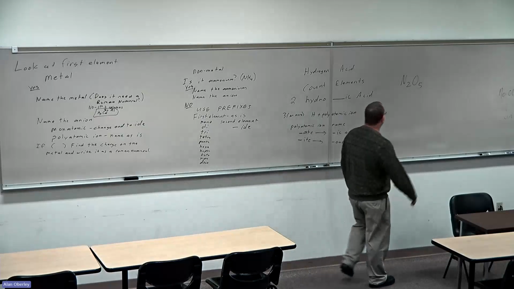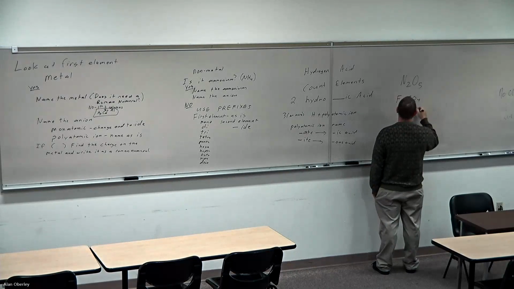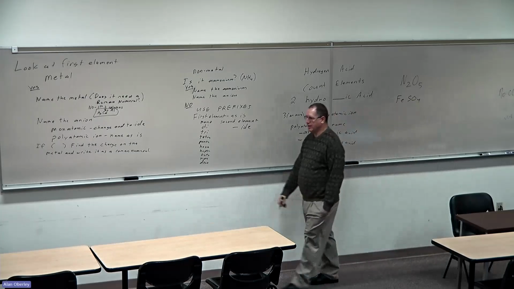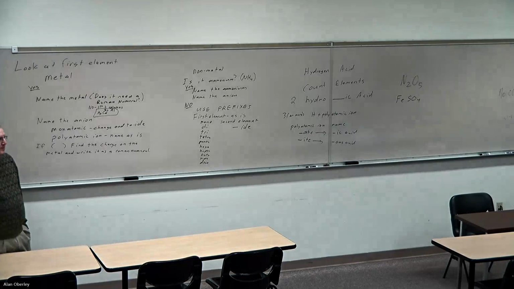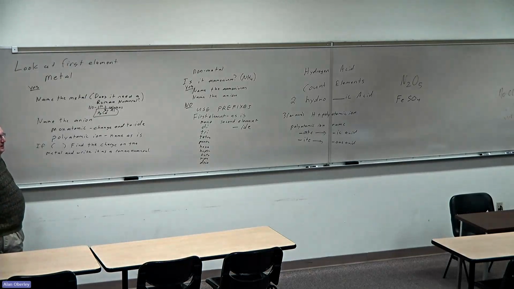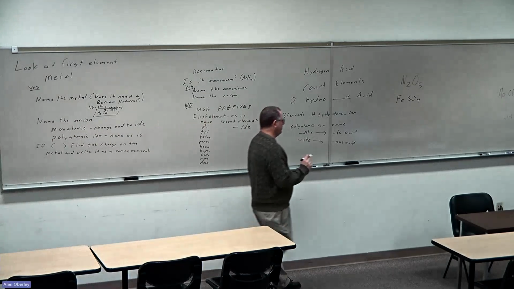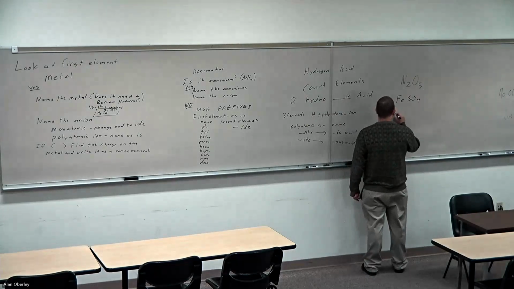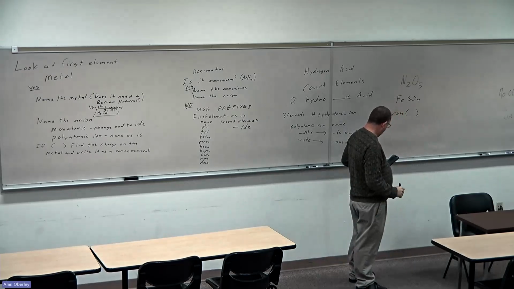Let's go for SO4. The easy part is finding it on the periodic table. You have to remember the names. Iron. Well, it's iron, and it needs a Roman numeral, but we'll get to that.